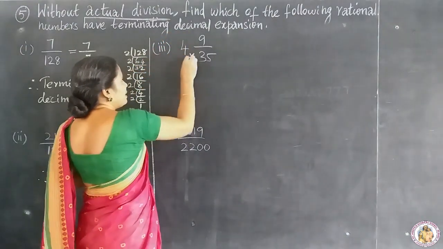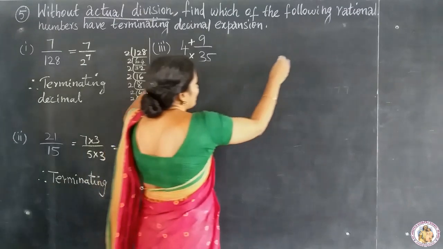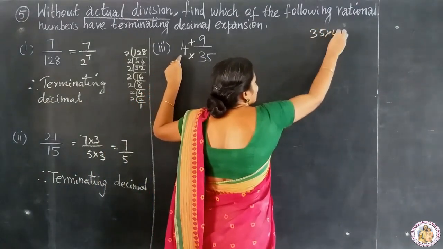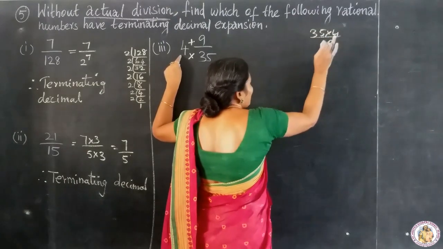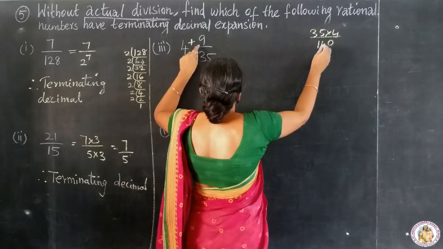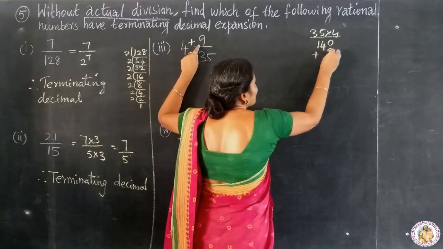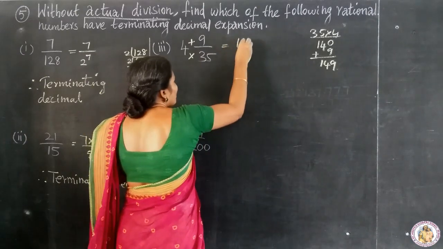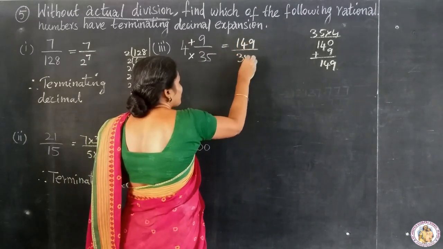Question number 3, 4 9 by 35. So we have multiplied and plus. So 35 into 4: 5 4s are 20, remaining 2, 4 3s are 12, 14. Plus 9. So 149 by 35.